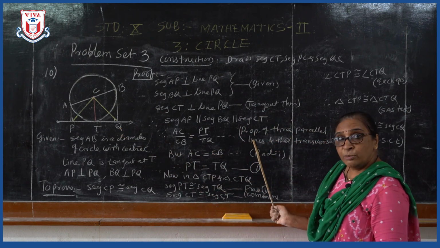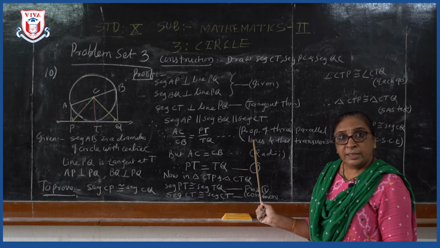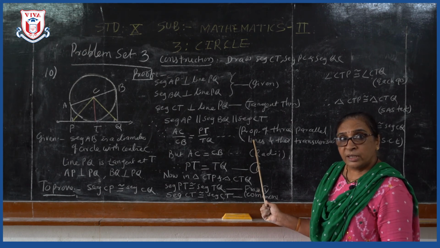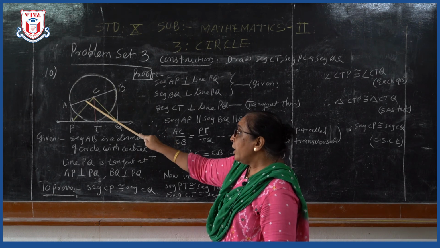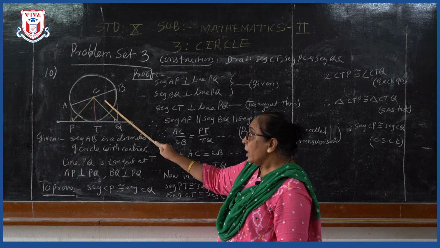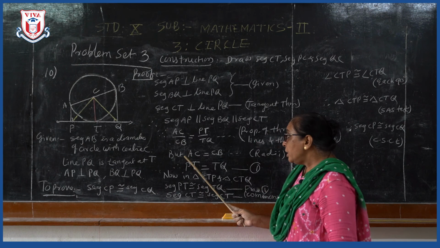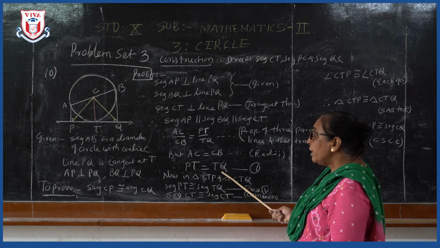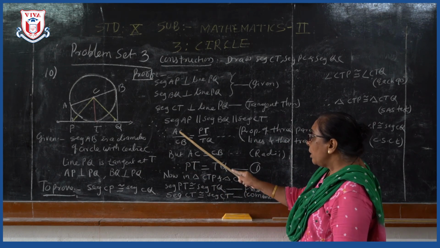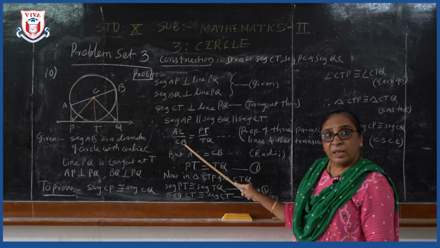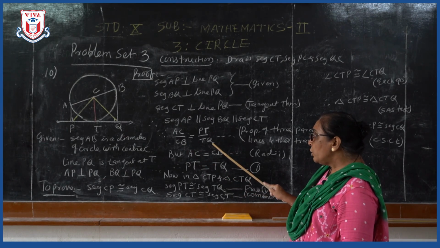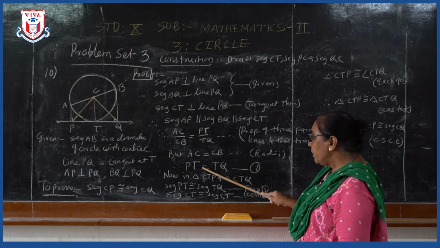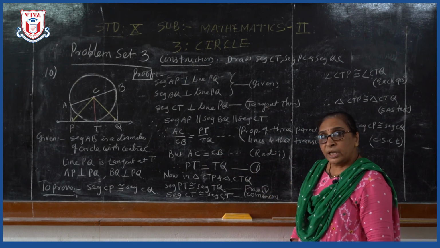The reason is the property of three parallel lines and their transversals. But AC and CB are the radii and therefore they are equal, so we can say that PT is also equal to TQ, because AC upon CB equal means their ratio is 1. So the PT upon TQ ratio also will be 1, that means PT and TQ are also equal.